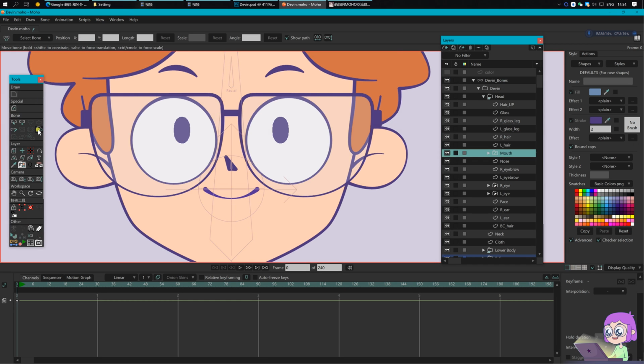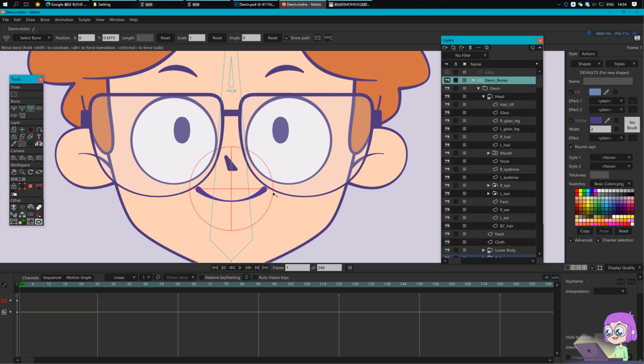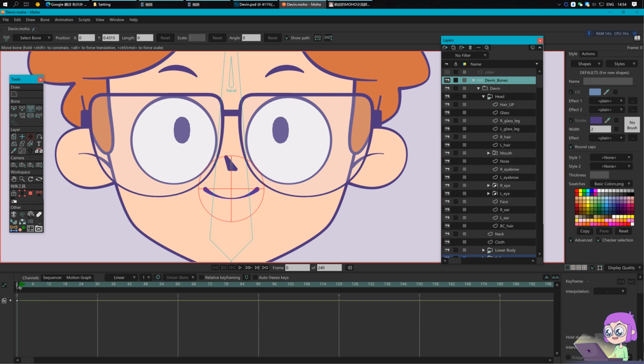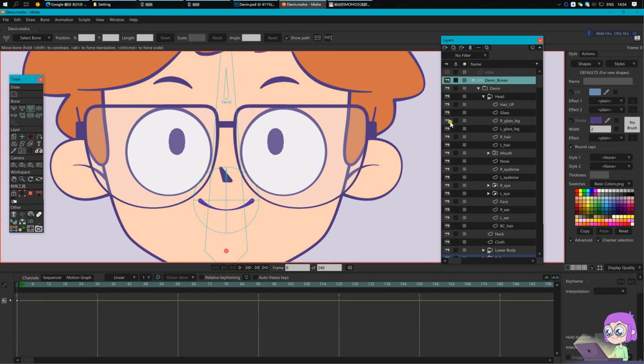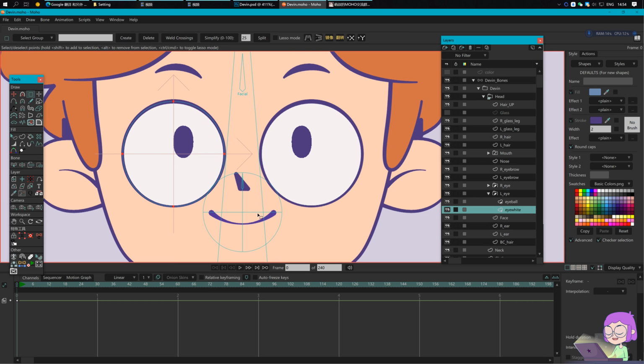Add a point bone to the mouth so that when I scale it, the mouth can be scaled proportionally. Of course, when the layer is scaled, the stroke will also be scaled. You can bind each layer in the mouth with a point. When scaling in that way, the stroke will keep the original width.